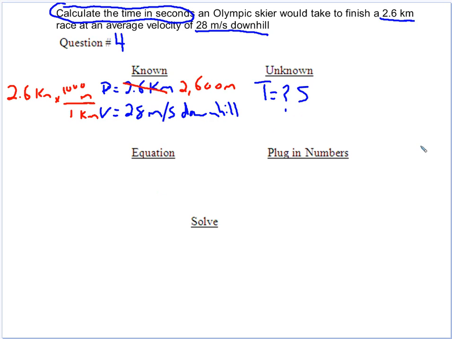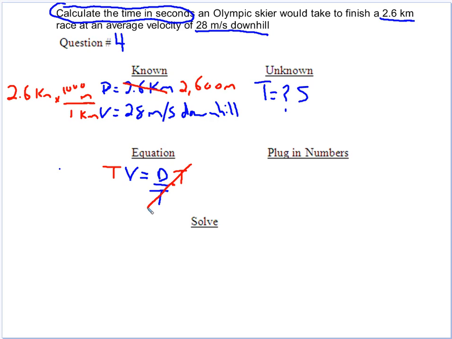The equation for this, we'll start off with our original velocity is distance over time. But we need to get time by itself in this problem. So we need to do a little bit of rearranging. I'm going to multiply both sides by time, so that cancels our time on the bottom.